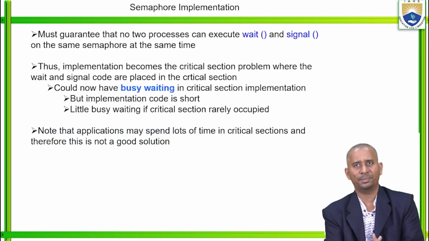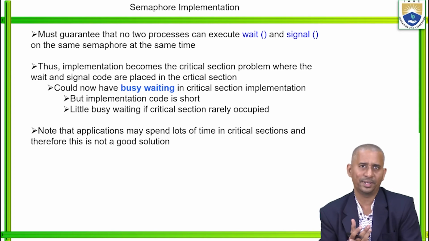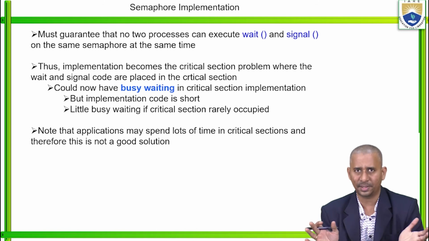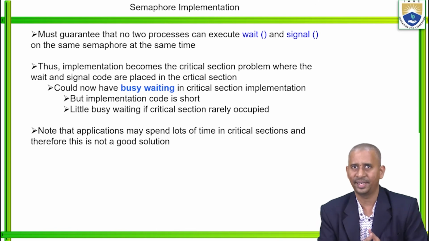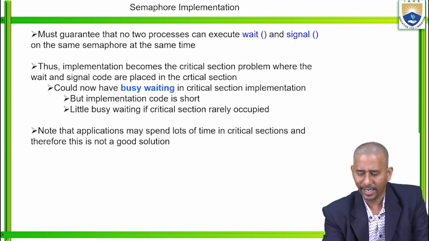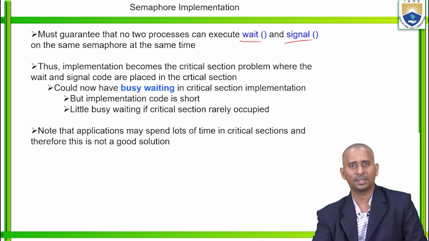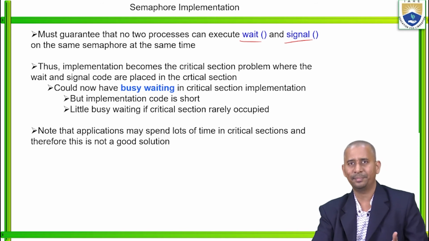How are these semaphores implemented, right? We know the semaphore is always an integer variable which depends purely upon two operations. One is wait, another one is signal. So the semaphore implementation must guarantee that no two processes can execute wait and signal on the same semaphore at the same time, right? Let us take for example one particular shared data. No two persons can access and modify that shared data at the same time, right?